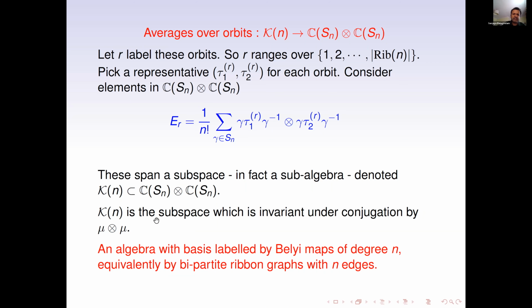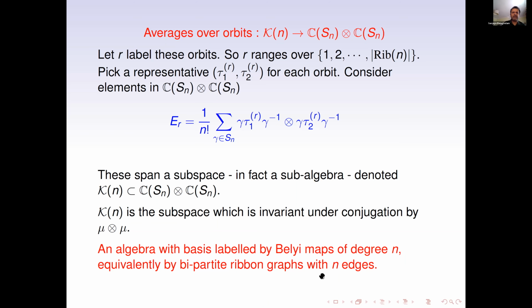So the subspace of this algebra which is invariant under diagonal conjugation is a subalgebra. When you multiply these things, you get other things which are also invariant under this diagonal conjugation. As a result, we have an algebra, a subalgebra of this, with a basis labeled by belly maps, or equivalently by ribbon graphs with n edges.